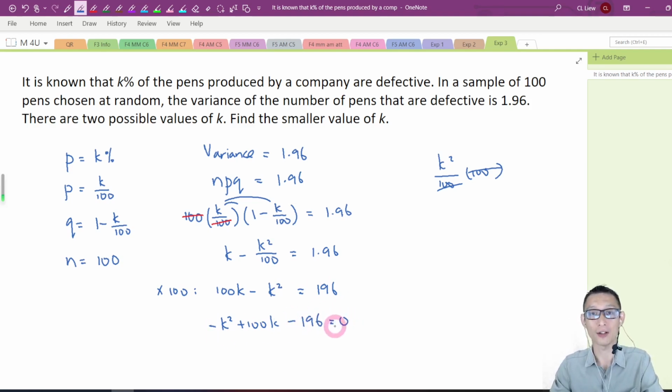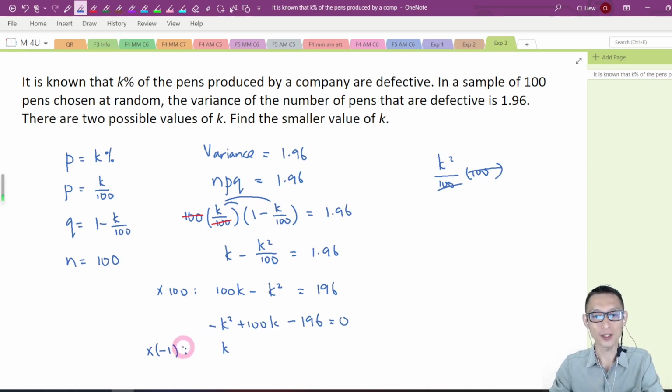Okay, you can press your calculator here. So let me multiply the whole equation by -1. If you don't want to multiply the whole equation by -1, you can actually use your calculator to help you solve the answer. Okay, the reason I multiply the whole equation by -1 is because I want to make the coefficient of K squared become positive.